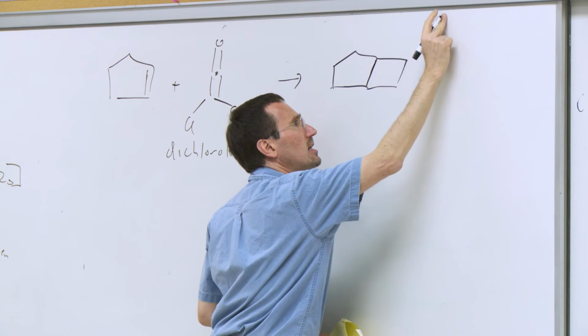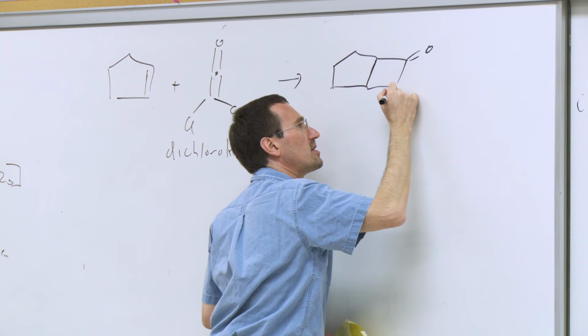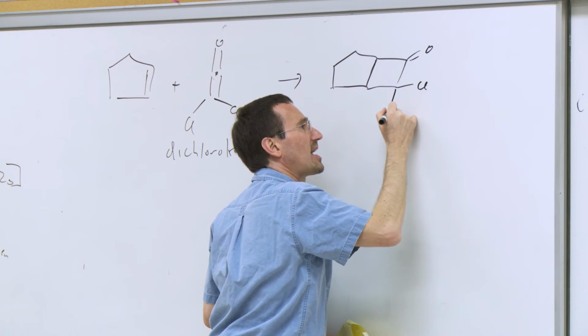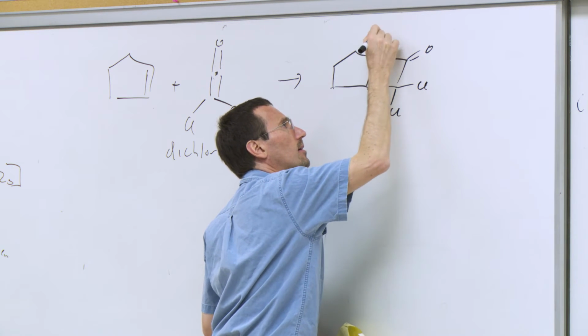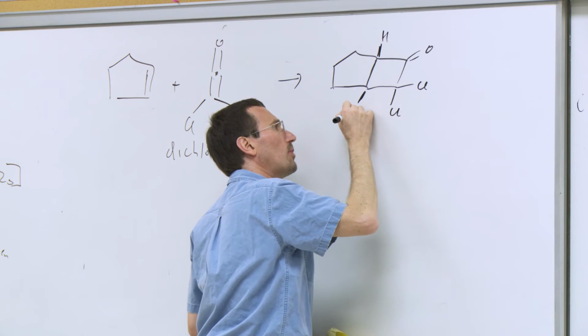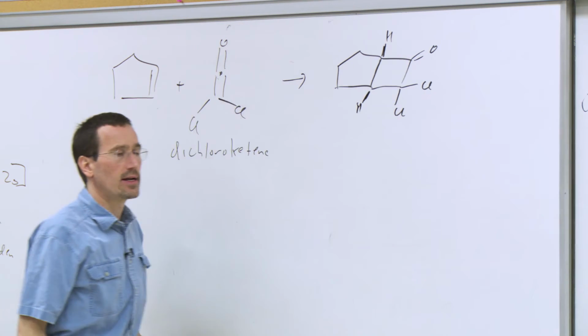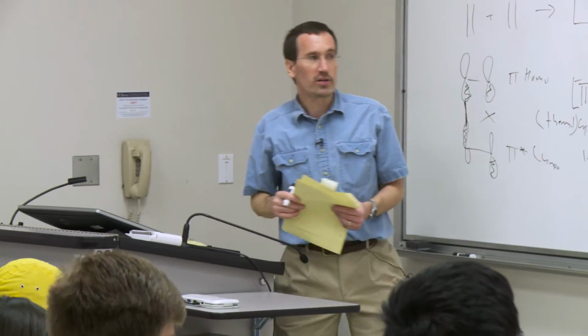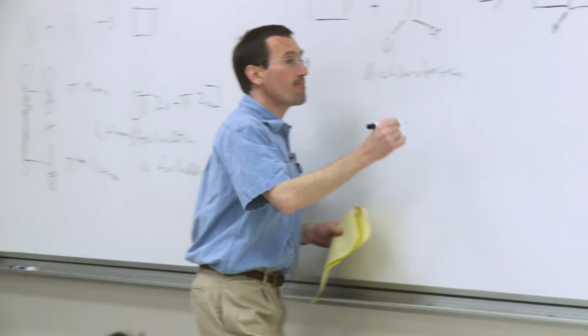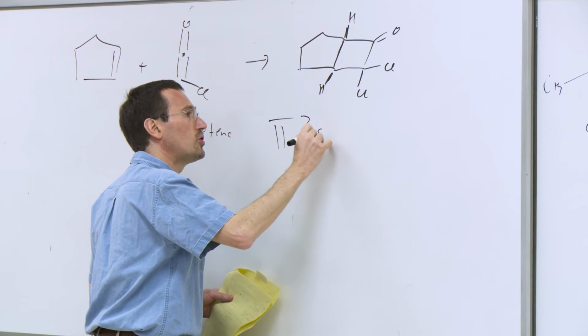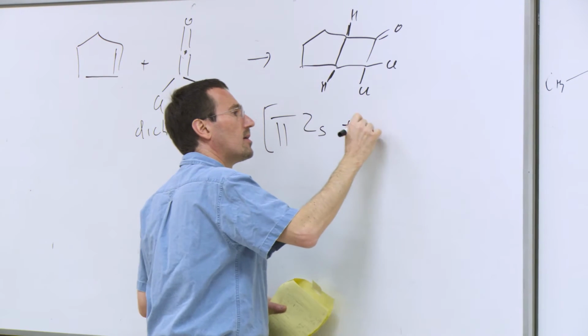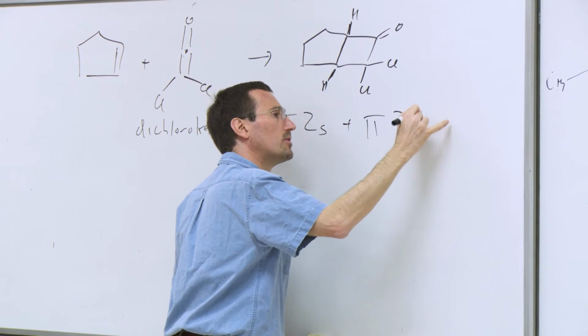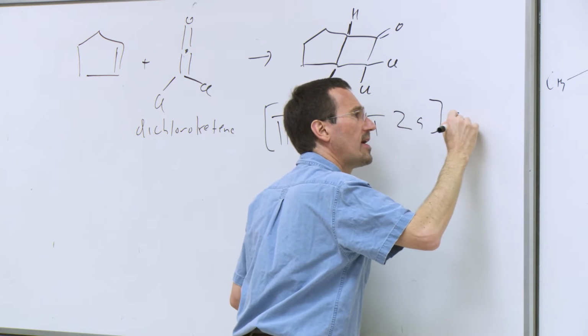But if I generate it in situ, in the presence of cyclopentene, then I get the 2+2 cycloaddition product. And the way this cycloaddition occurs, bless you, is in a pi 2s plus pi 2a fashion.